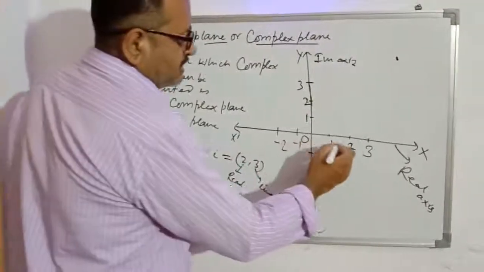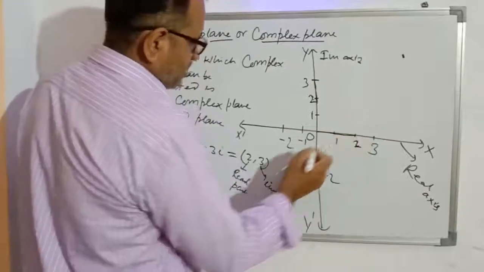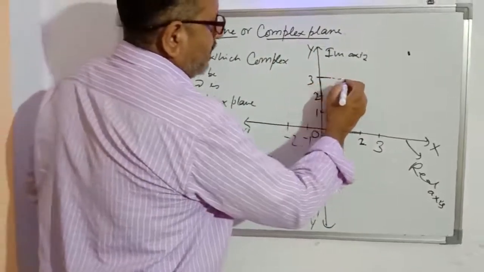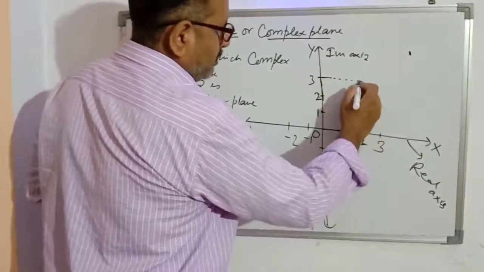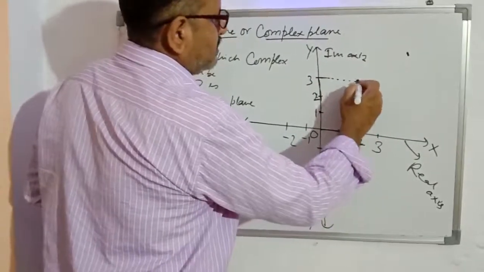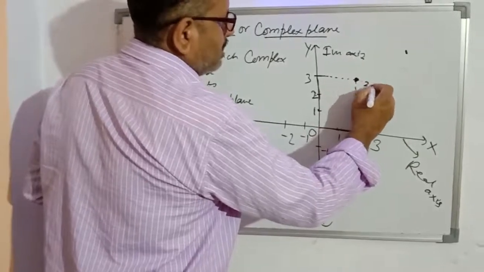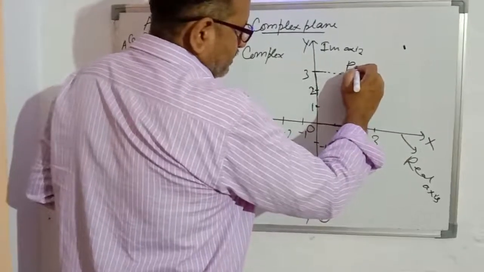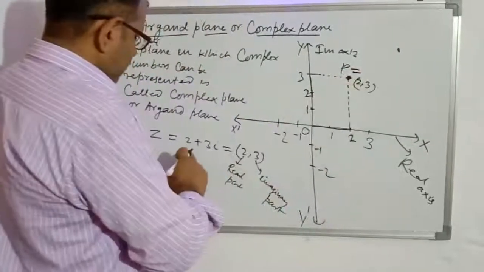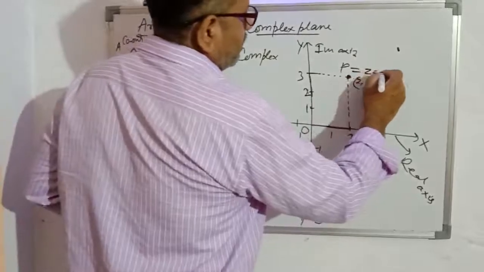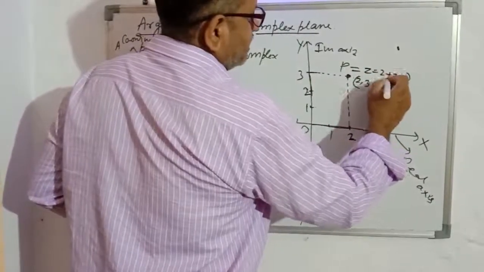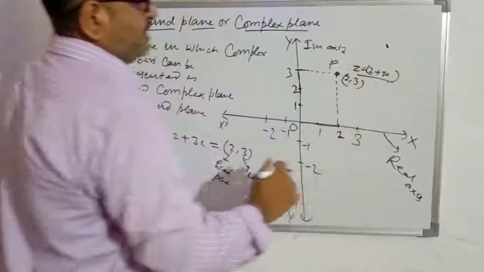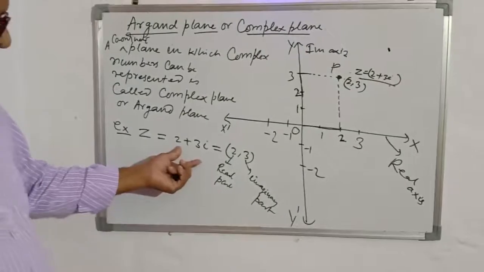On the x-axis we will move 2 units, on the y-axis 1, 2, 3 units, draw a line parallel to the x-axis and from 2 parallel to the y-axis. It is (2, 3) and this point P will represent the complex number 2 plus 3i.